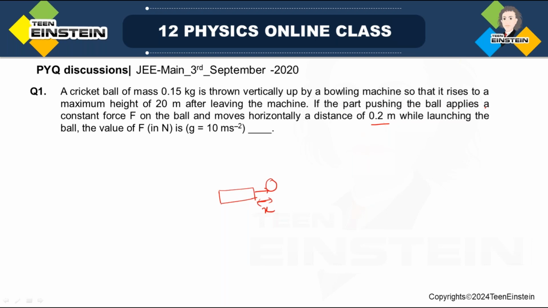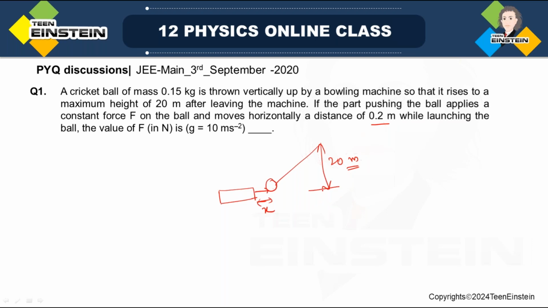If the part is pushing the ball, applies a constant force on the ball and moves horizontally a distance of this, then what is the force applied on this ball such that the ball is going to a maximum height of, say, 20 meter after leaving the machine. All right.